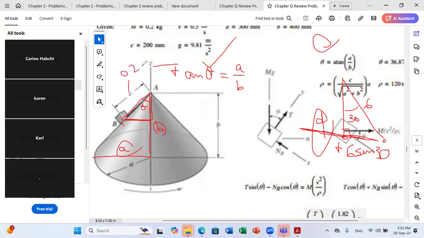So how can you find the radius in this triangle? If I do R over C, I get sine theta. So the radius is C times sine theta, which is 0.2 sine theta. That's it.